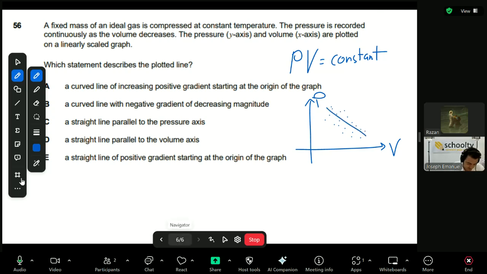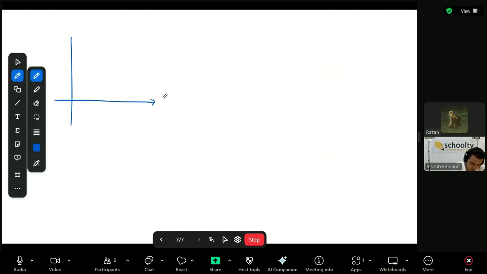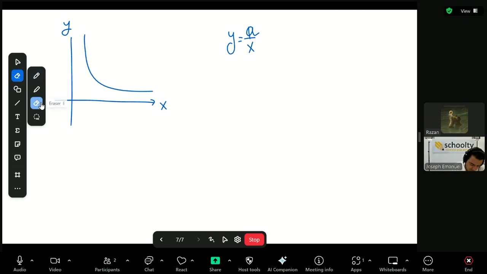They said it's a line, but if you want it really to be a line, this is x, this is y. Y equals 1 divided by x. It looks like this. This is a constant, like A. Because in this case, x multiplied by y is a constant.